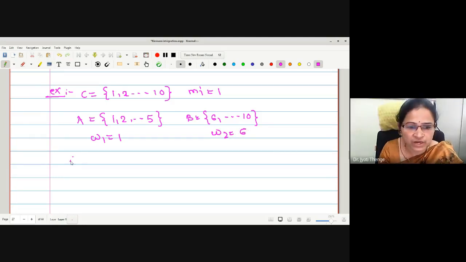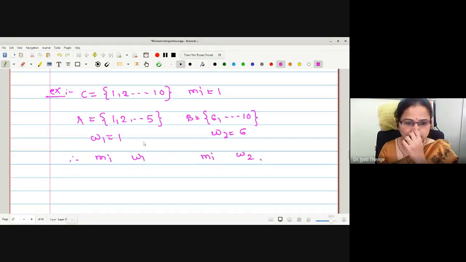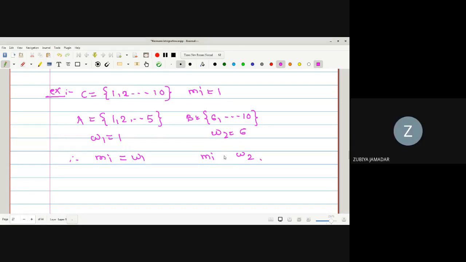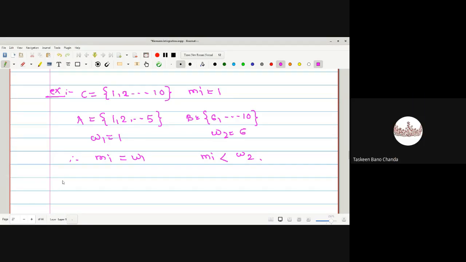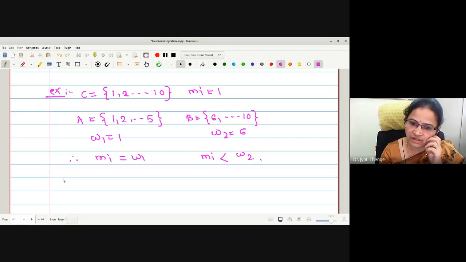Okay. Therefore, what relation do we have? Mi and W1, Mi and W2. Mi is equal to W1, na? Yes, ma'am. That means Mi is strictly less than W2. Correct, na?